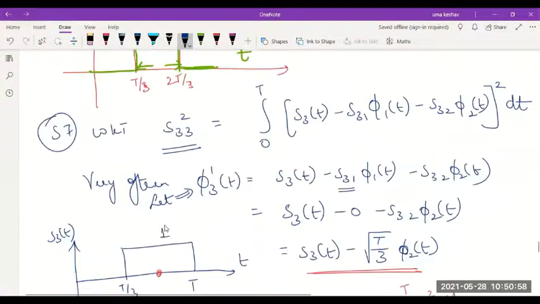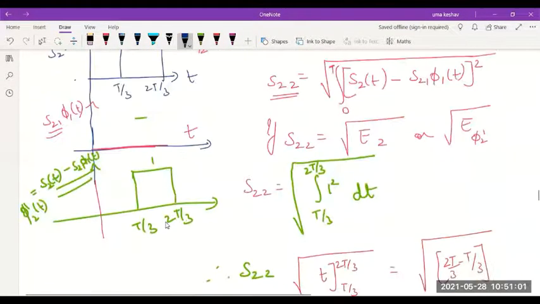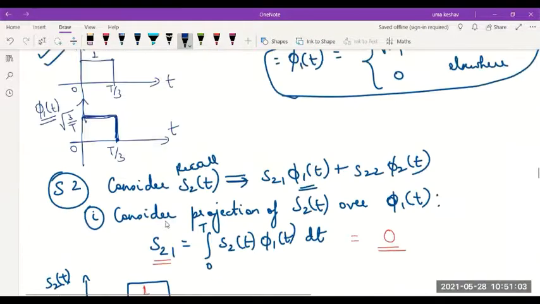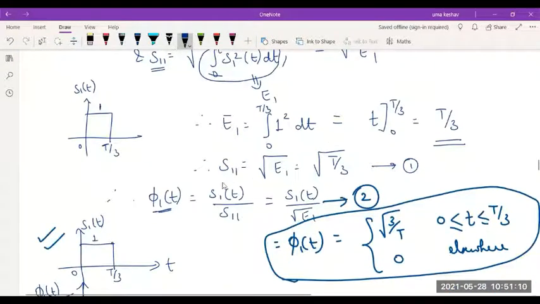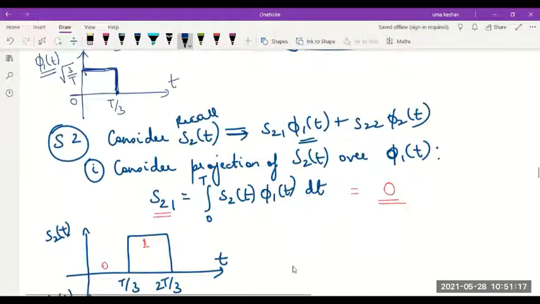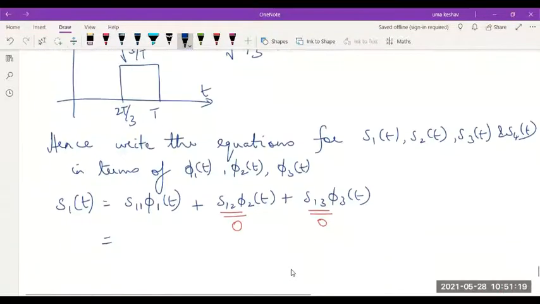Do you remember what was the value of S11? The first thing which we found, S11 value is root t by 3. You can see here S11 is root of E1, which is root t by 3. Let me substitute that. Therefore, the first equation is root t by 3 into phi 1 of t plus 0, if you want, you can write.